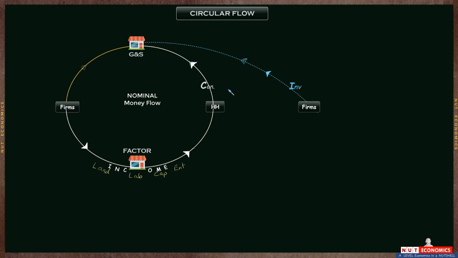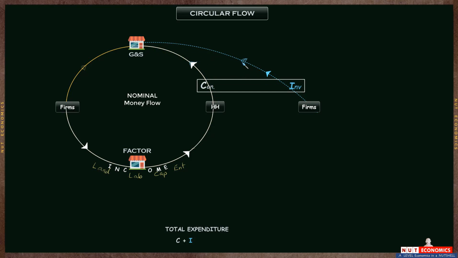First of all, you have to remember that since in this simple circular flow we are assuming that we have just these two sectors, the households and the firms, therefore, we say that the sum of consumption and investment, the sum of demand coming from both the sectors of the economy, the sum of demand for the country's total output, C and I, is the country's total aggregate demand or the country's total aggregate expenditure, depending on whether you are thinking in terms of the real flow of goods or the nominal flows of money.